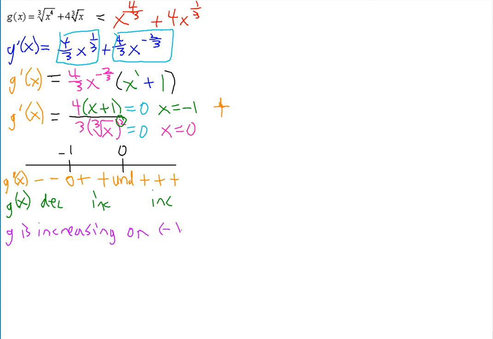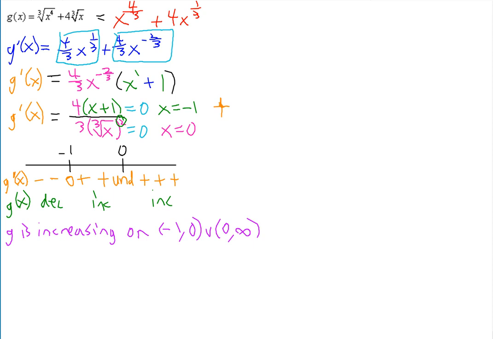Now here's where it matters if it's 0 or undefined. If this was 0, we actually would not have to stop our interval. We could go all the way to infinity. But since it's undefined, you always have to stop your intervals, even if the sign doesn't change. So we do have to stop at 0 here, and then go from 0 to infinity.